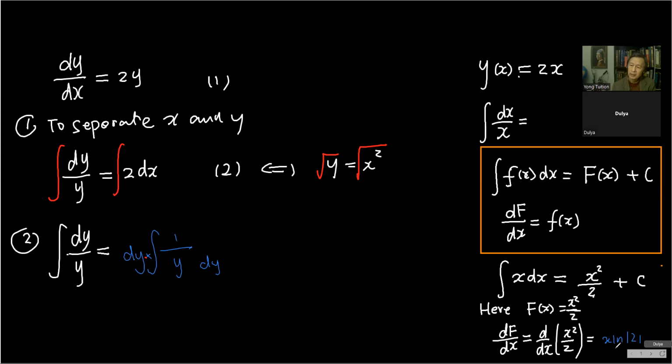So this is a log, right? Is this the natural log? Let's just try again. If you just do something simple, okay? What is the first derivative of x squared, without that 2? Or in other words, what is the derivative of x squared?